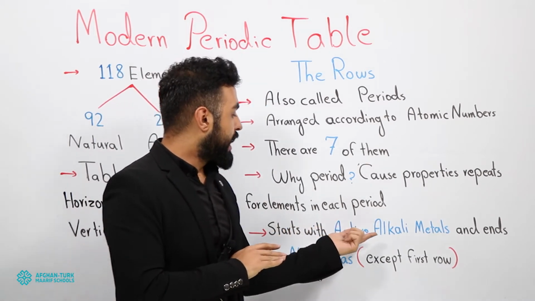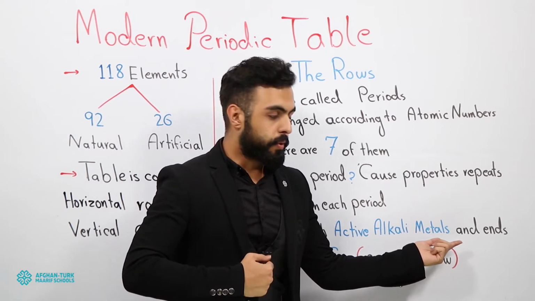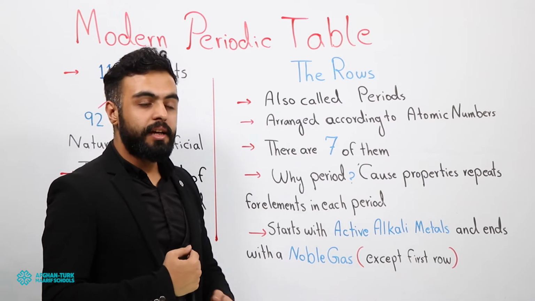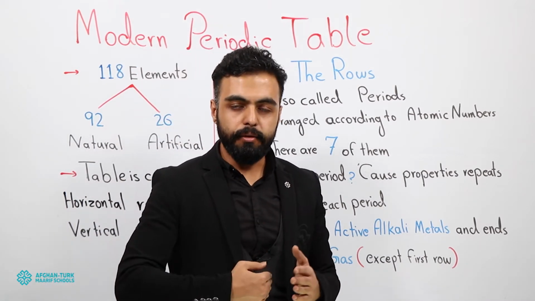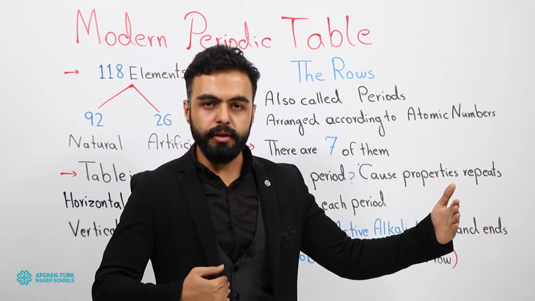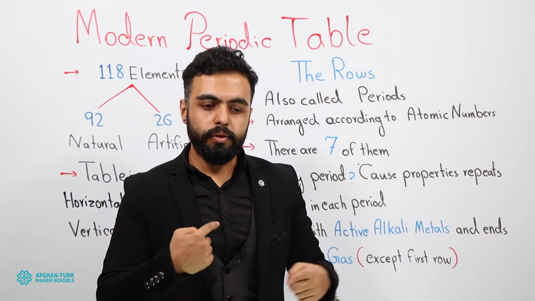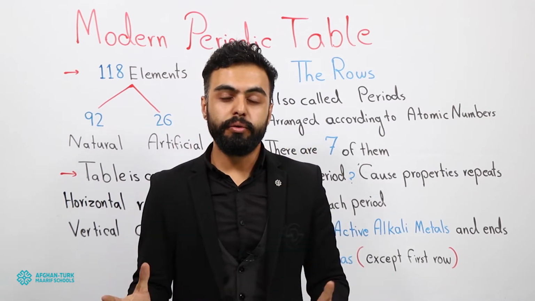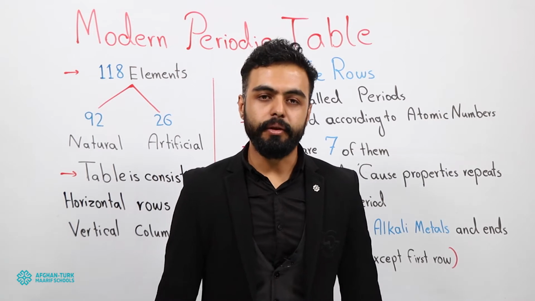It starts with active alkali metals and ends with noble gases. For example, the second row starts with an active alkali metal and ends with a noble gas. And again, it starts from an active alkali metal and ends with a noble gas. So the property repeats. That's why we call them periods, and that's why the table is called the periodic table.